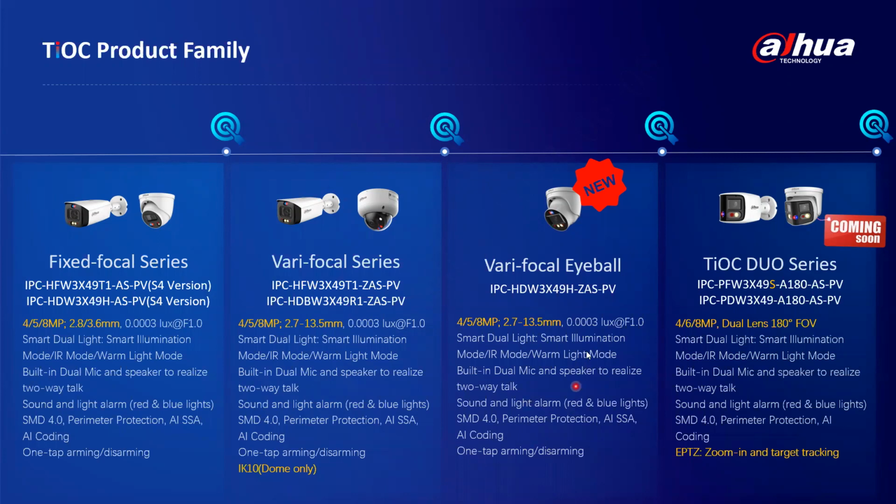So we have more other upcoming products, that is the TiOC dual series. I think the only key notable difference between the upcoming products, the dual series, and these other products that we've mentioned, is that this dual series will be in a position to give us a wide field of view, a maximum of 180 degrees wide, sharing the same properties that we had before for the fixed focal length series, the varifocal series, and the varifocal eyeball product again.